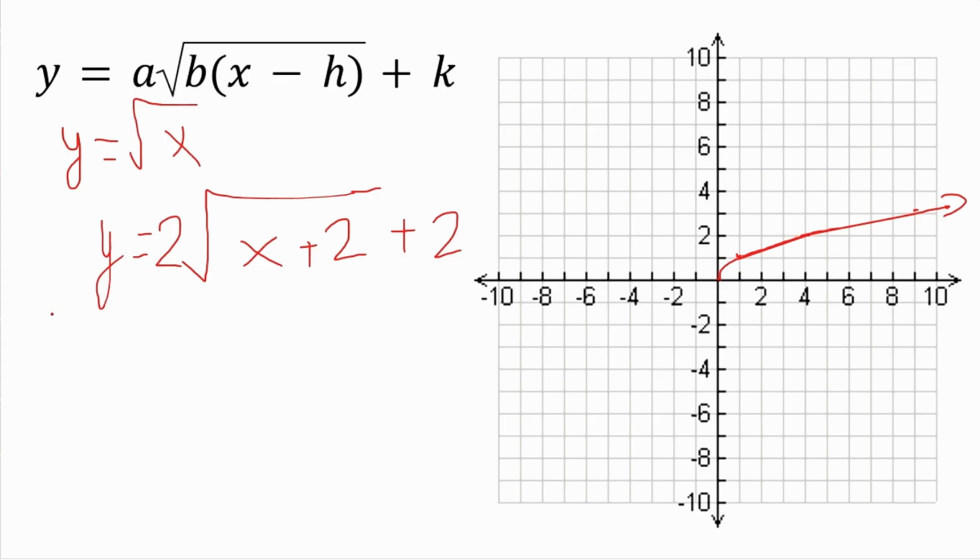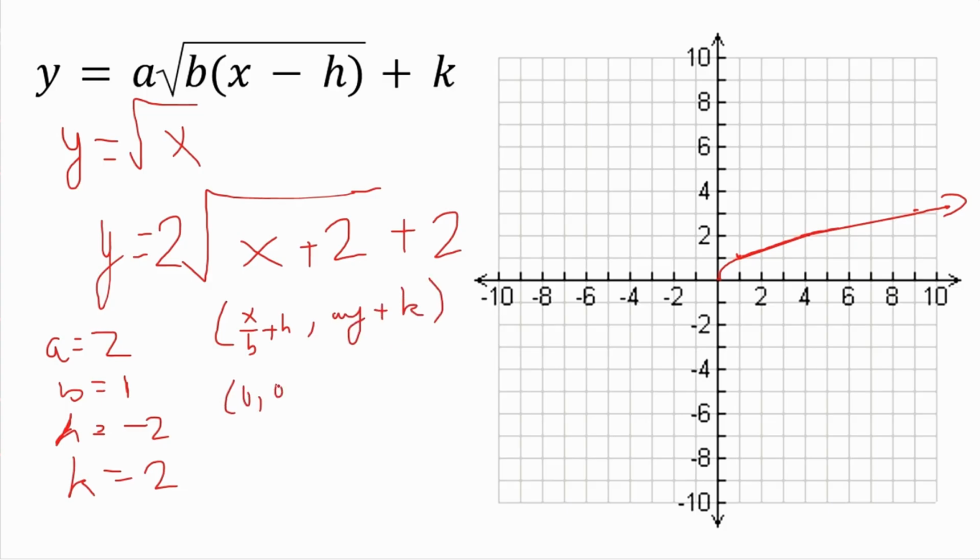You know what? Let's do this one with mapping notation. A is 2, B is nothing, so 1 is being multiplied. H is negative 2, let's change the sign. K is 2. In mapping notation, x over b plus h, ay plus k.